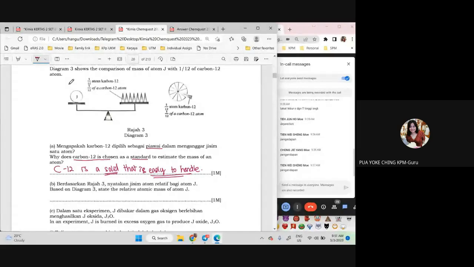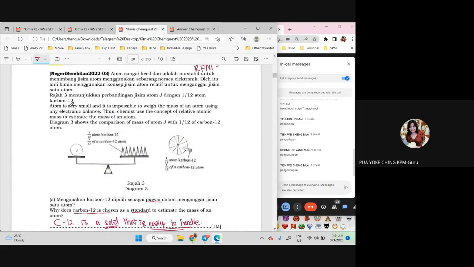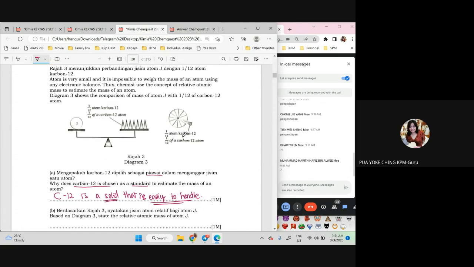Tak ada jawapan. Ke saya perlu naikkan sikit untuk you baca? Tak ada. 7. Yes. Relative atomic mass adalah 7.